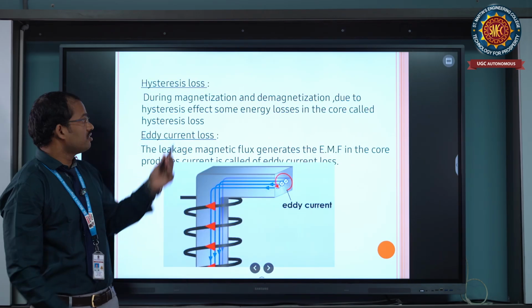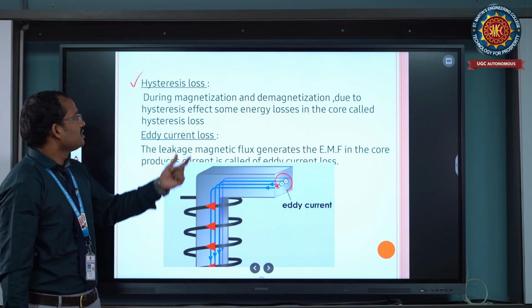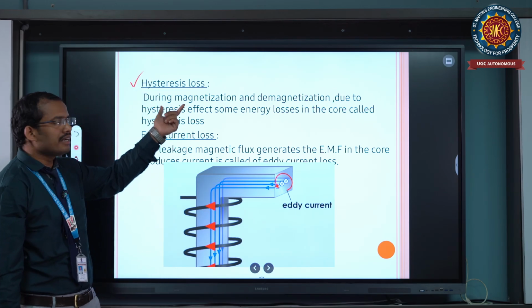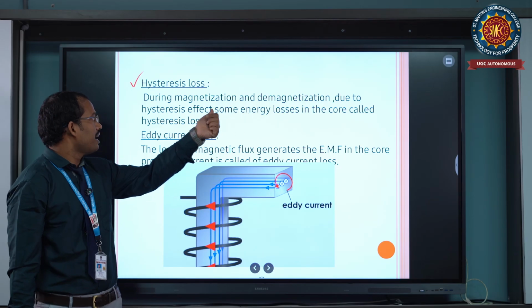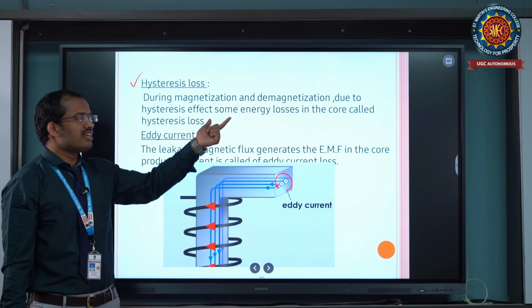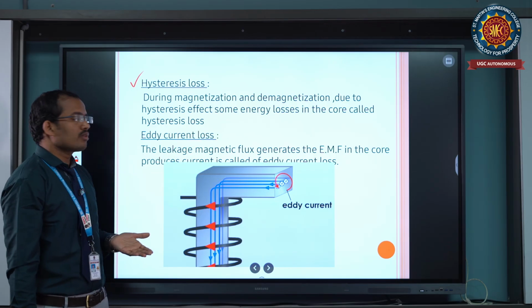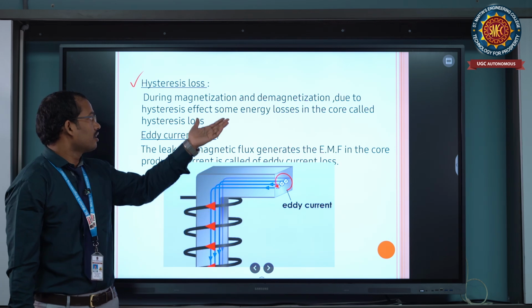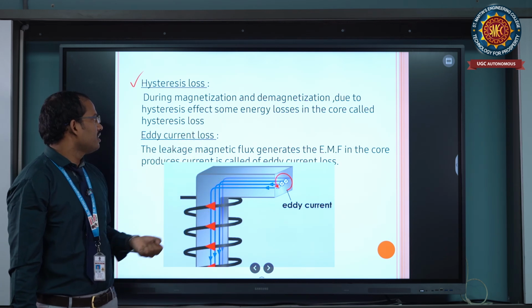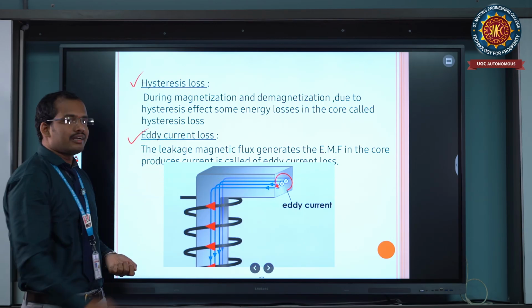And the third loss is hysteresis loss. Hysteresis losses occur due to magnetizing and demagnetizing in the two windings of the transformer. These losses occur on the core side. And the final loss is eddy current loss.